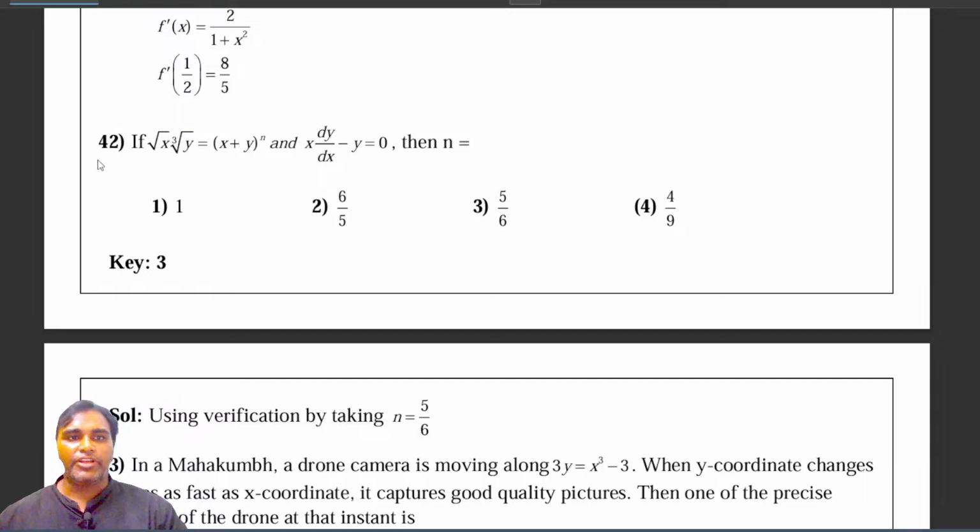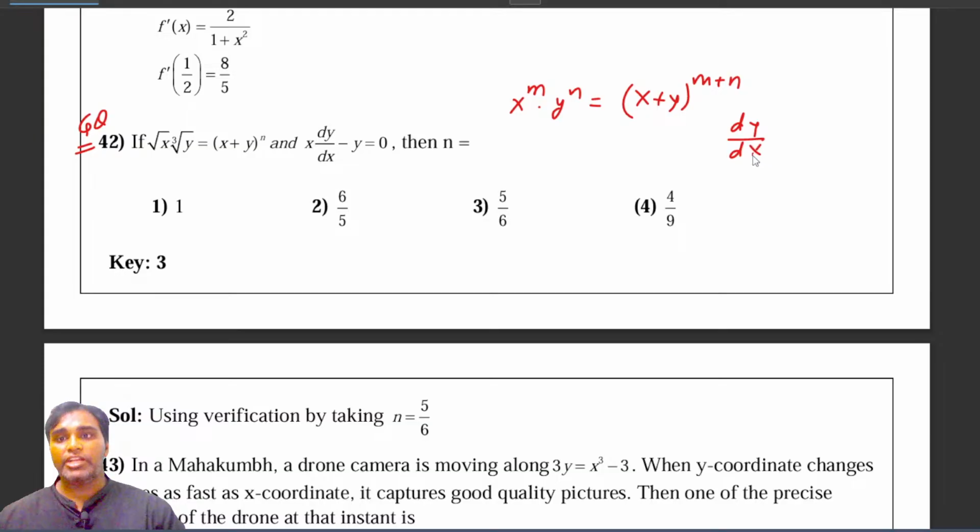42 is again a very good question. Clear? Now if you remember, there is a question called x power m into y power n equals x plus y to the power m plus n. This is a very famous question, and we have to prove that dy by dx is nothing but y by x.